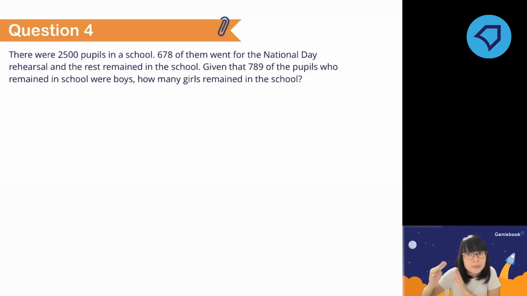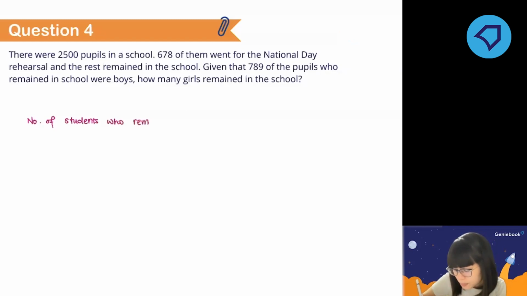So I'm going to do a different method because I want to show you that you can have addition and addition. In this case, we're going to do subtraction and subtraction, okay? So I want to find the number of students who remain in school.